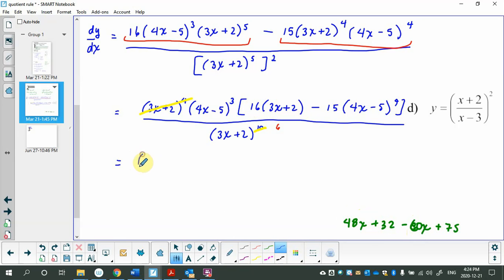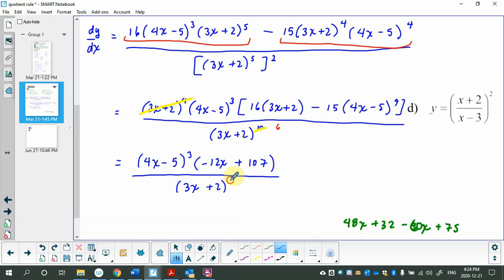So I'll have 4x minus 5 to the 3. My square bracket will turn into negative 12x plus 107, I think that is. All of that over 3x plus 2 to the 6.